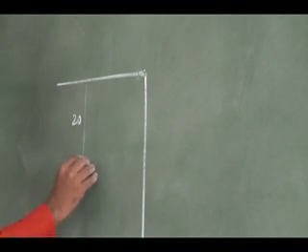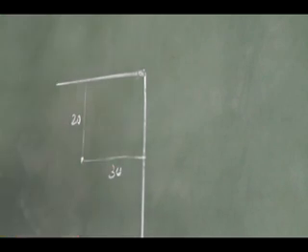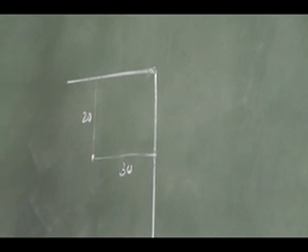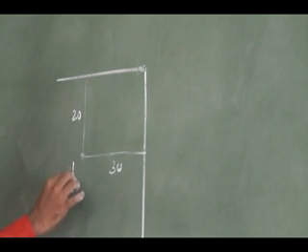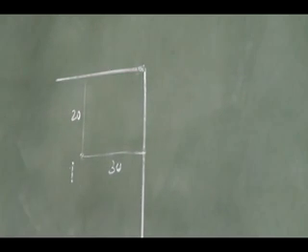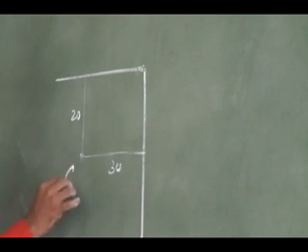So this is 20 and this is 30. We already have A, so this is B. Capital B.